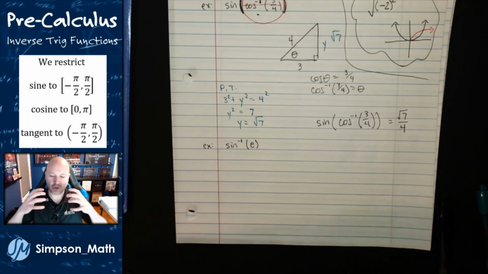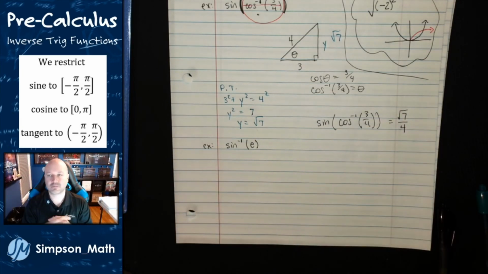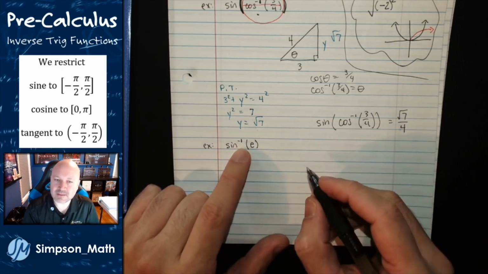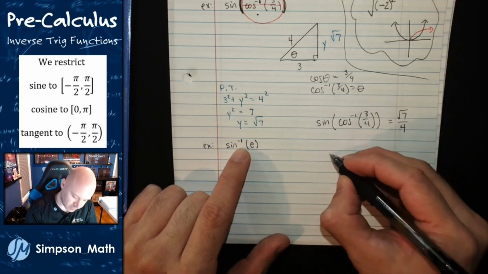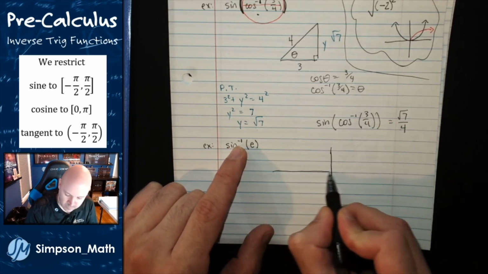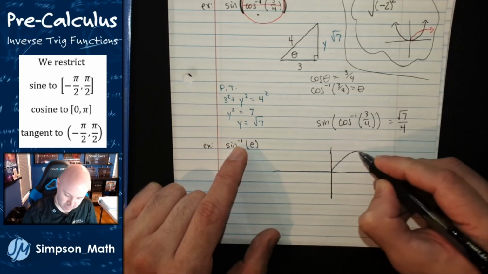What angle could I put into sine that would spit out 2.7 something? Input, output. All right, to help me explain this, let me redraw a sine real quick. Sine's graph looks something like this.